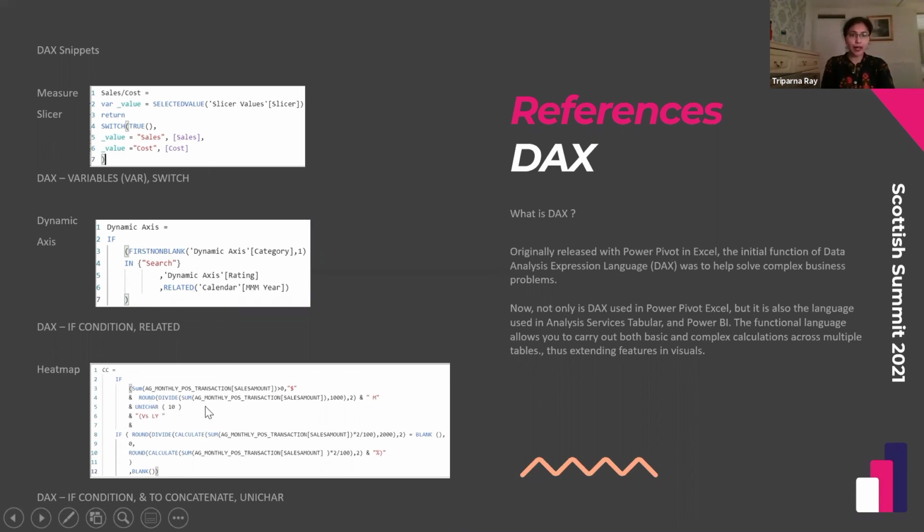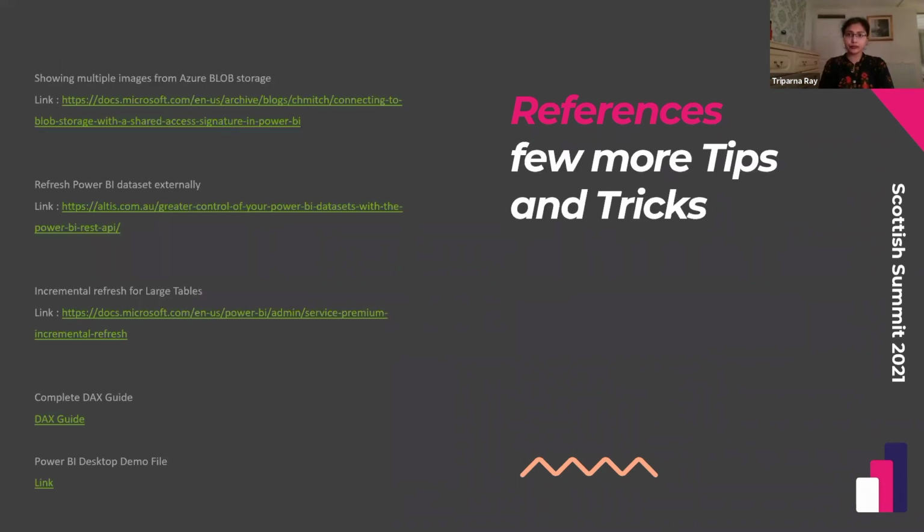And for the heat map, we have used a code snippet where it is concatenating two values here. If you want to know more, there are a lot of code snippets and functions available in the community from various users. If you're really interested, you can go through that. It really helps us to extend our visuals and take our analytics to the next level.